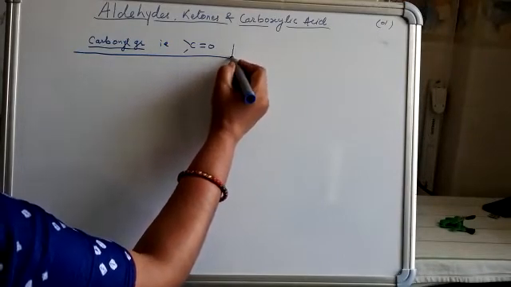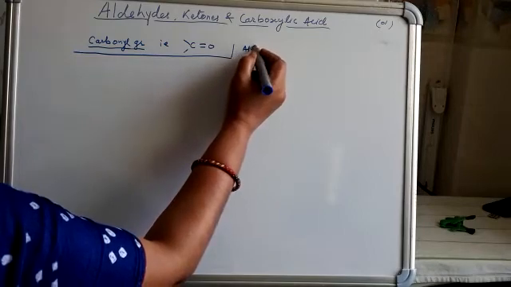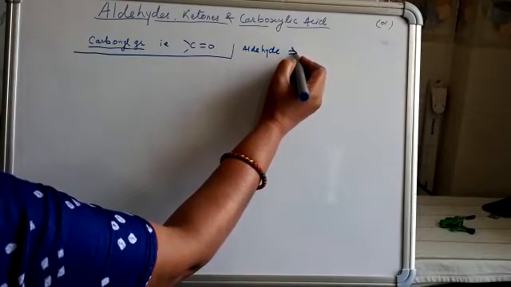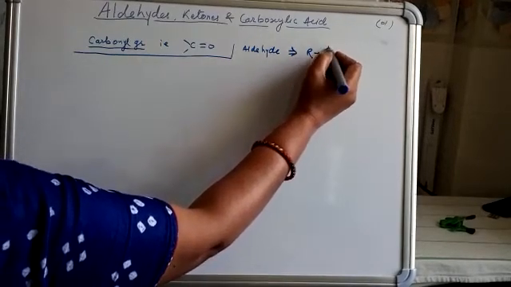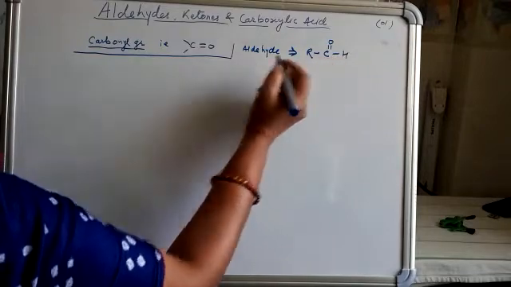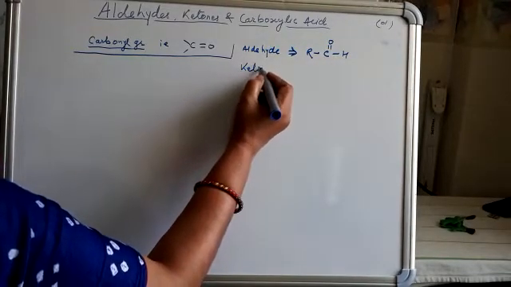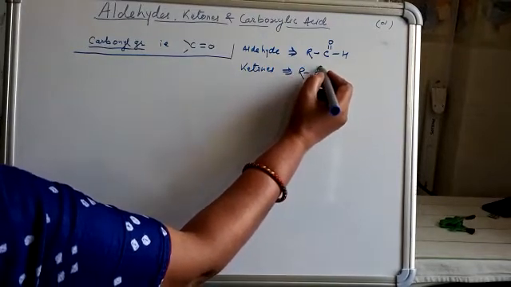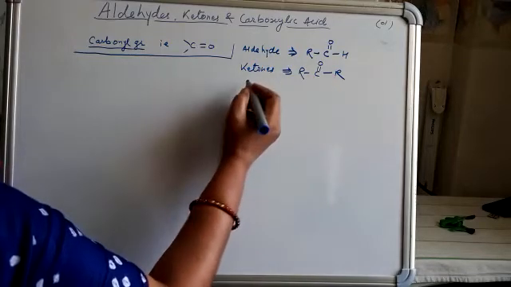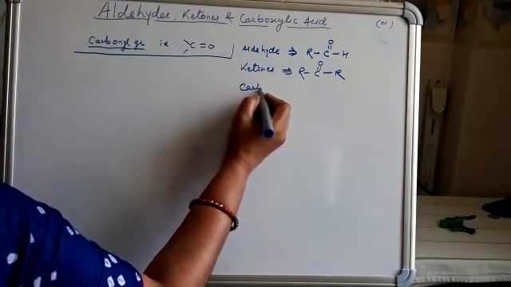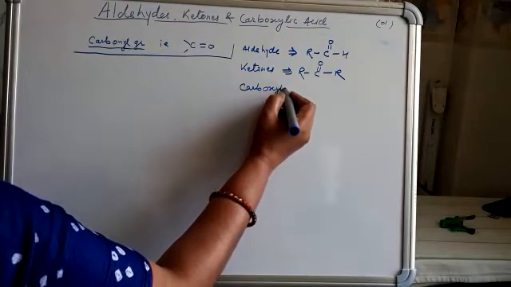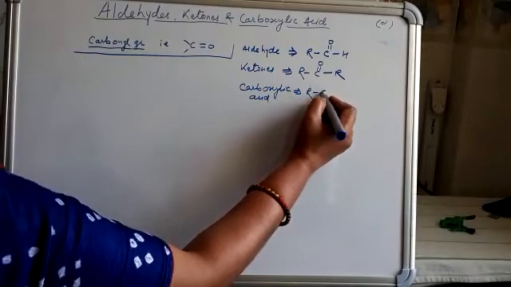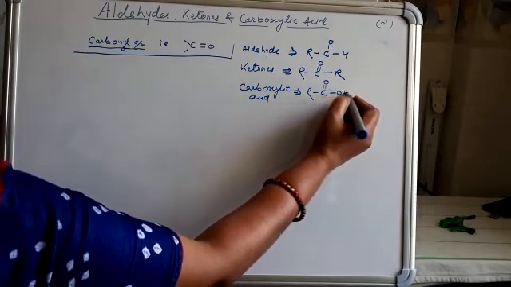Number 1, aldehyde: carbon-oxygen double bond. Ketones: carbon-oxygen double bond. Carboxylic acid: carbon-oxygen double bond.